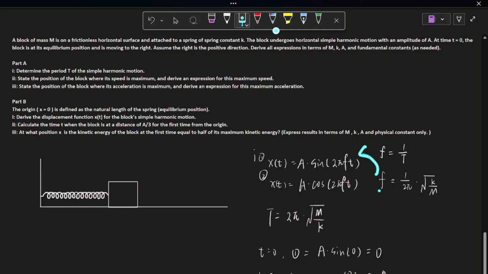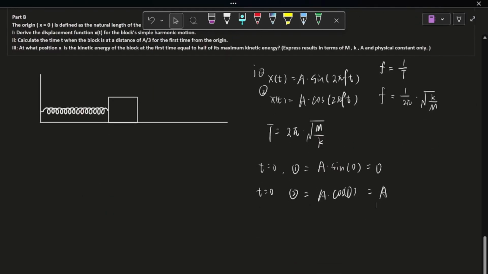But from this, we can conclude that we can use the sine equation when the block starts from its equilibrium. And we can use the cosine equation when the block is at its extreme position, like when a spring has been compressed the most or stretched the most.